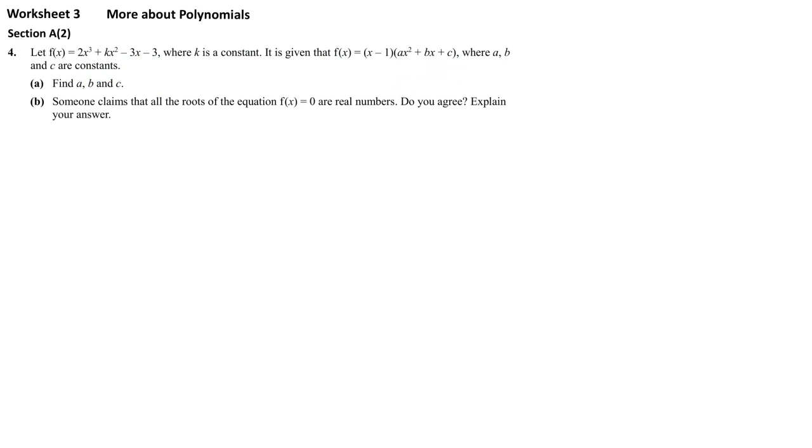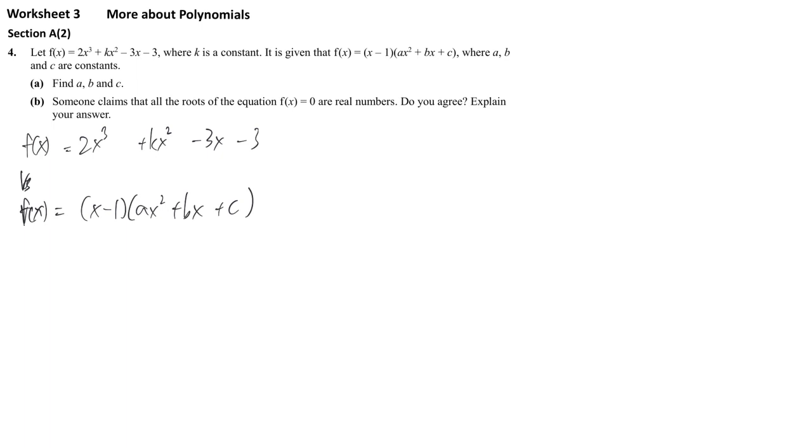At one point of view, f(x) is equal to x^3 plus kx^2 minus 3x minus 3. At another side, f(x) is equal to (x minus 1) times (ax^2 plus bx plus c).